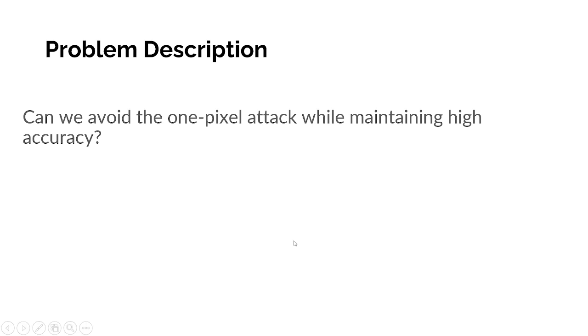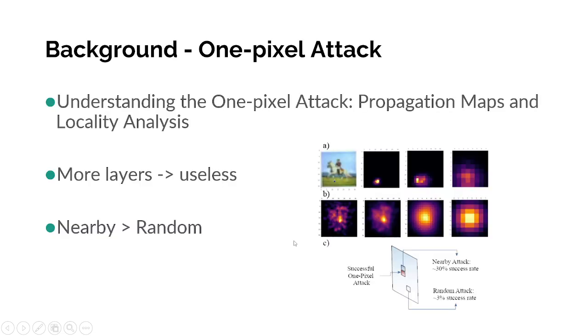So how can we avoid this kind of one pixel attack? As you know, because it's only 1 pixel, it is hard to use the traditional skin in adversary attack to deal with it.